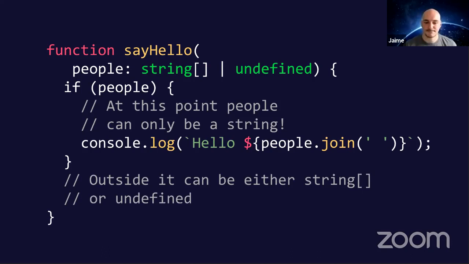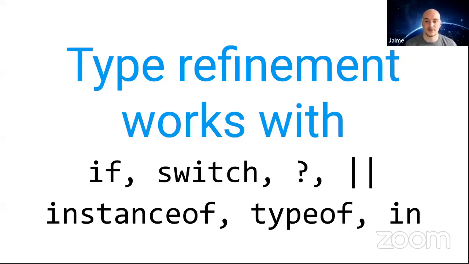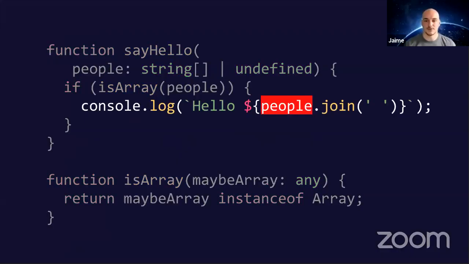Outside of that block, it's widened to be, again, string or undefined. So using these capabilities of TypeScript, you can refine the type of unknown and access and use it in a type-safe way. There's a lot of different operators that apply type refinement. So it's nice to know which ones there are. But normally they're whatever you would use in JavaScript, right? So we're going forward.